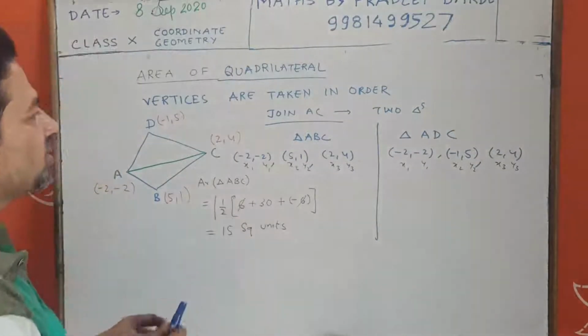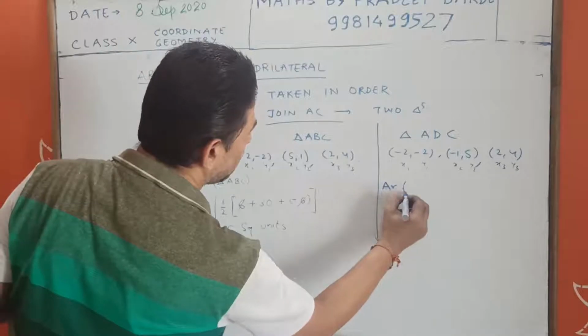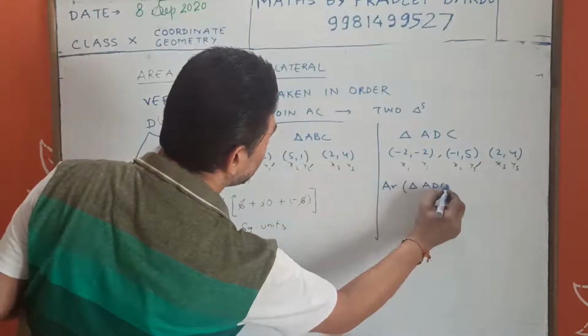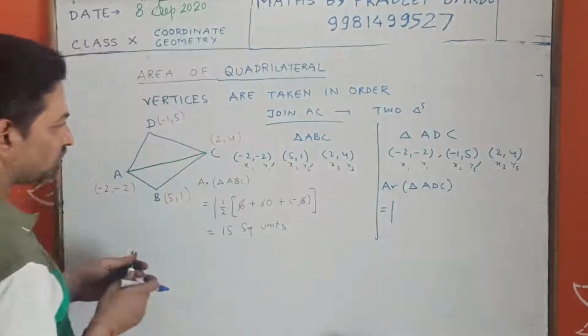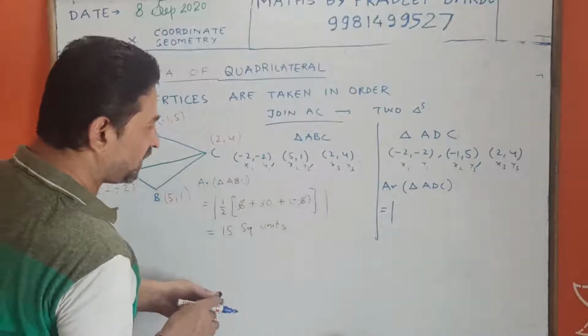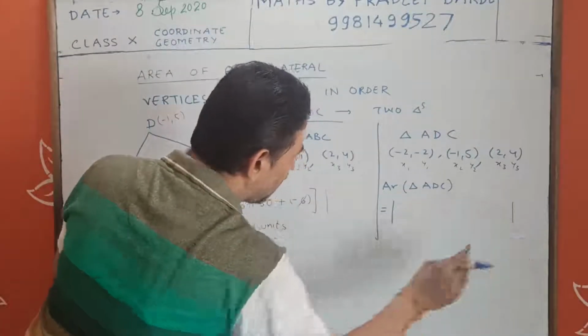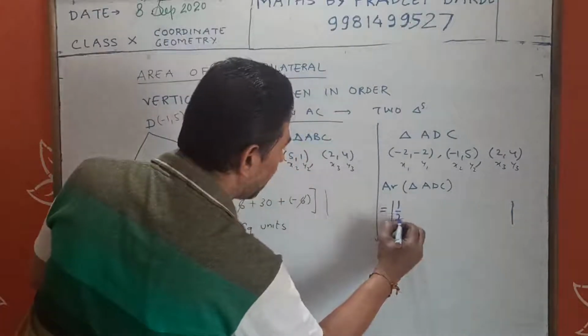Now we'll find out the area of triangle ADC. Again the same thing students. We have to put the absolute value sign, which is very important here. Absolute value का साइन लगाना बहुत जरूरी है. यहां लगा दिया half.